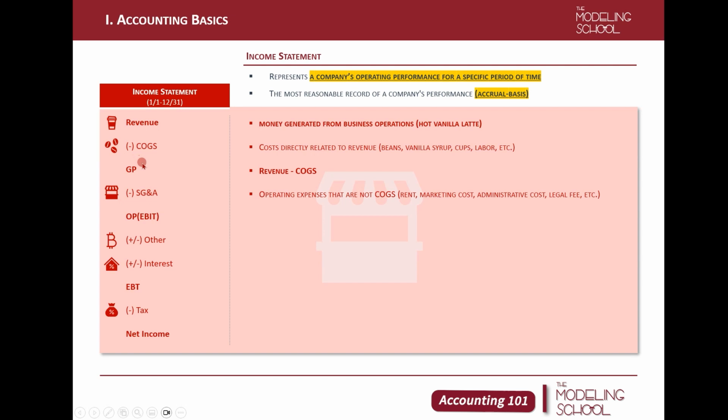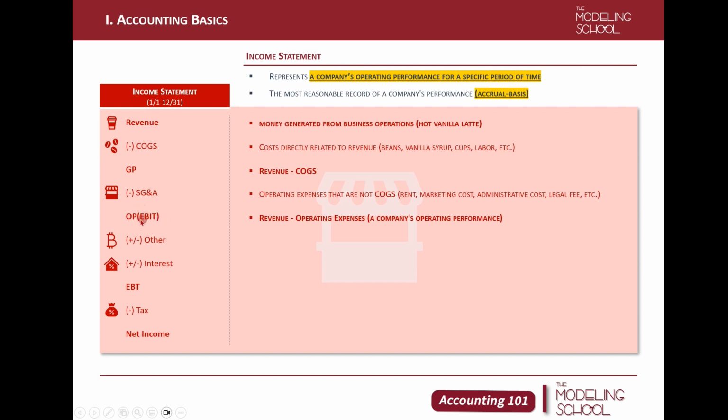But the sole difference is, is it related to your revenue generation? If it's related, go to COGS. If it's not related, go to SG&A. And if you subtract COGS and SG&A from your total revenue, you'll reach operating profits.